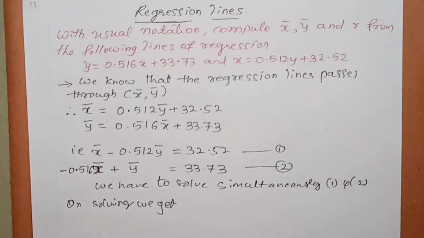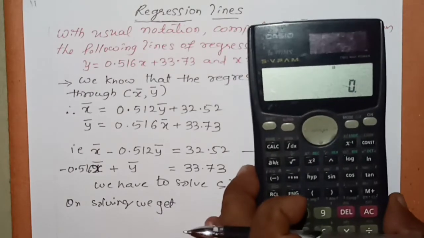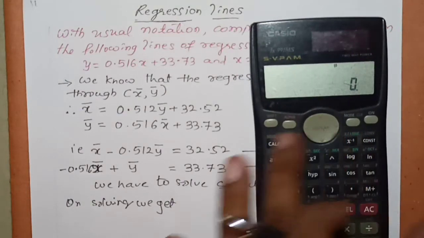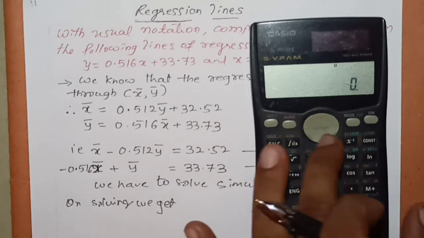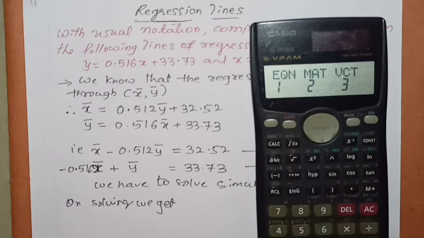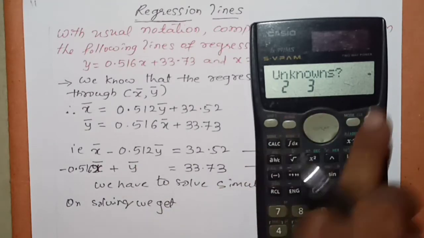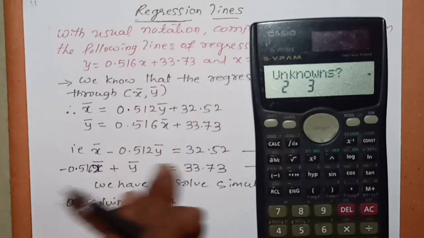We'll use the calculator. You already know from the last several sessions, press mode 3 times. Next equation, linear equations, unknowns. How many unknowns are there? x and y, so it is 2.